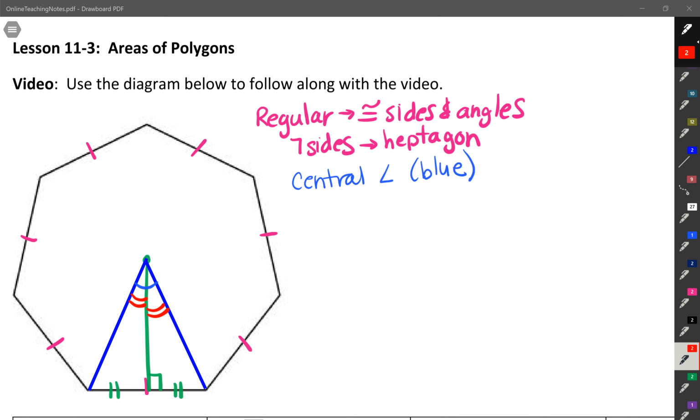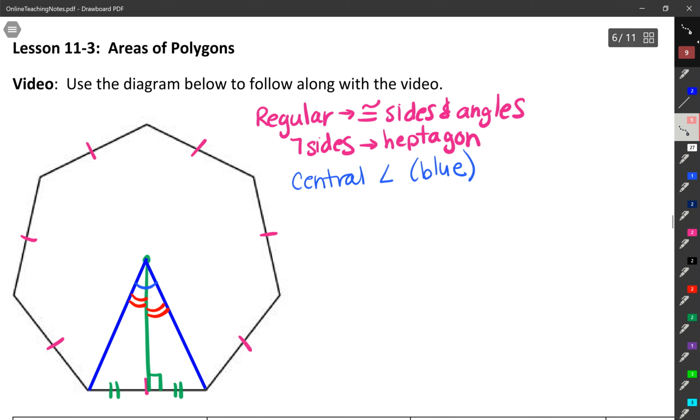That central angle then also will bisect the interior angle of the regular polygon. So we can see here where this central angle segment, the one ray of that angle, intersects the vertex of the polygon here. That angle's ray is going to bisect the angle of the polygon.